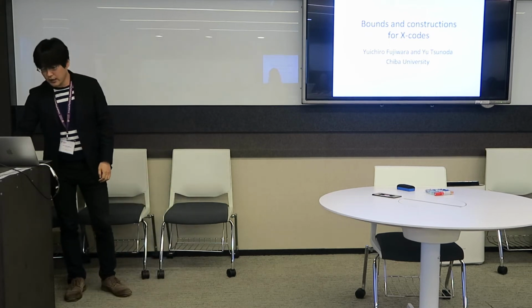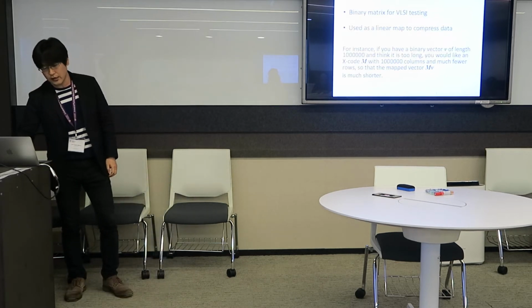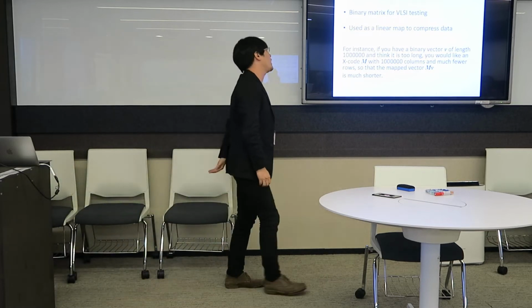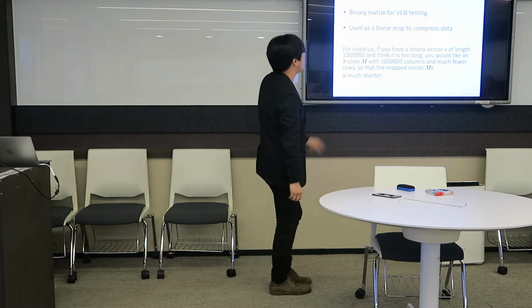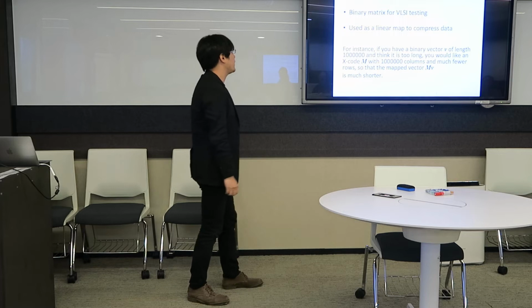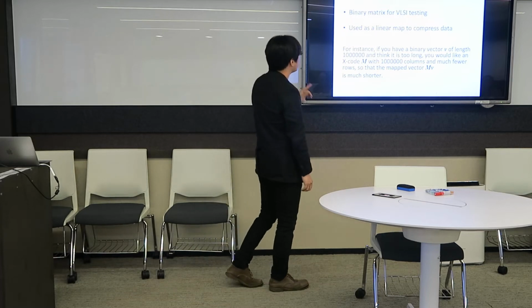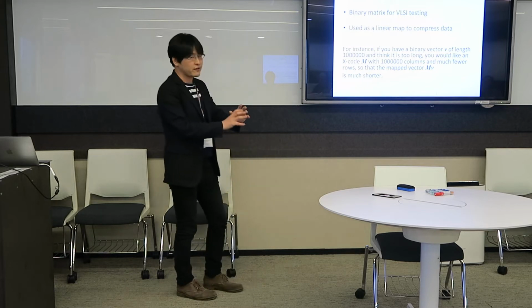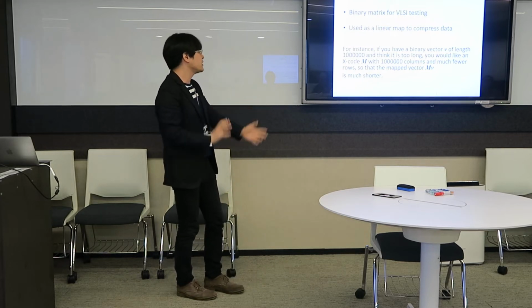X codes is a binary matrix which is used for a special kind of VLSI testing, and we are going to use this matrix as a linear map to compress a very big data.